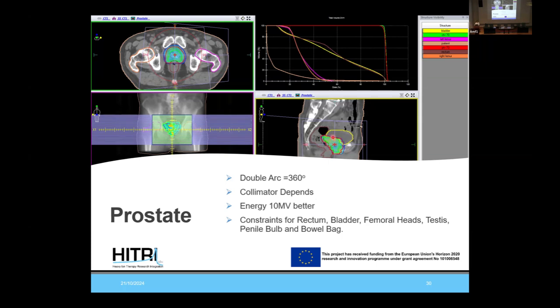The other problem that I want to show you here is that this patient has a small problem. What is the problem? There is air. I can say that it's a big problem for us because we cannot irradiate through air.